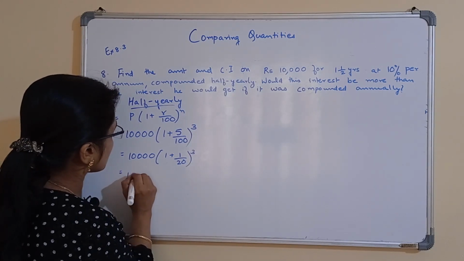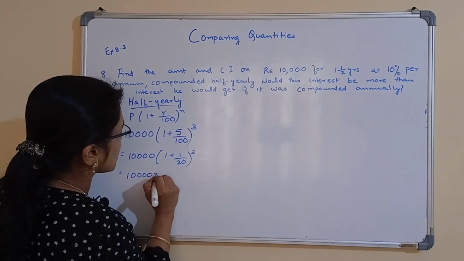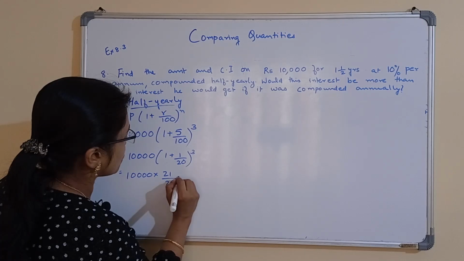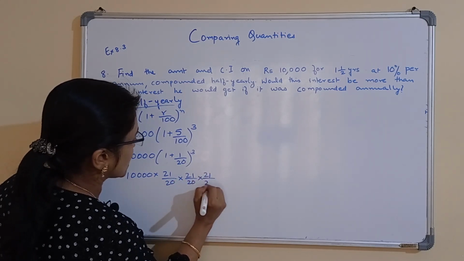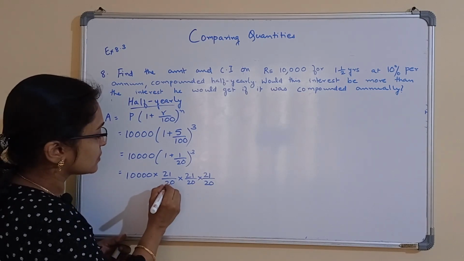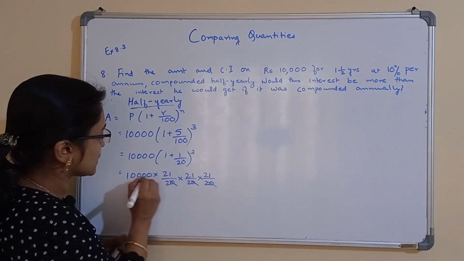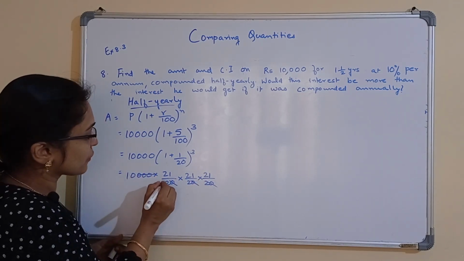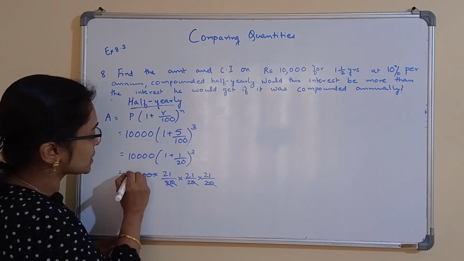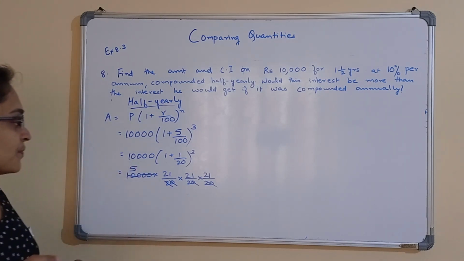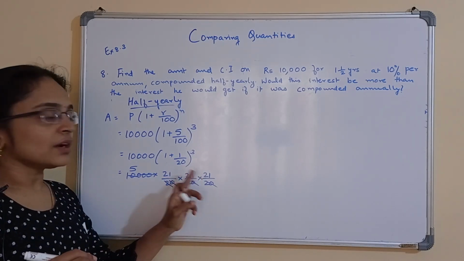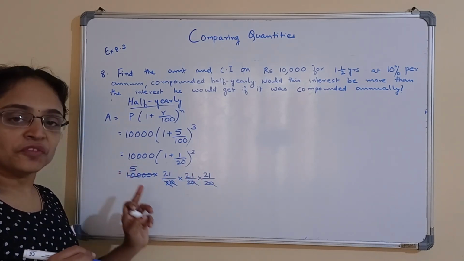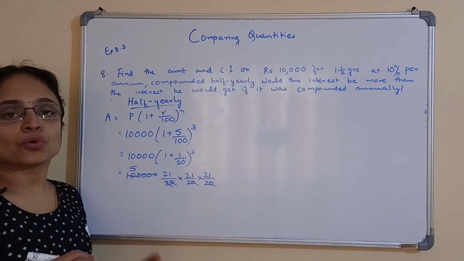So this is equal to 10,000 into 21 by 20 into 21 by 20 into 21 by 20, which is, the zeros will get cancelled, and 10 by 2 is 5. So 21 into 21 into 21 into 5 by 4.